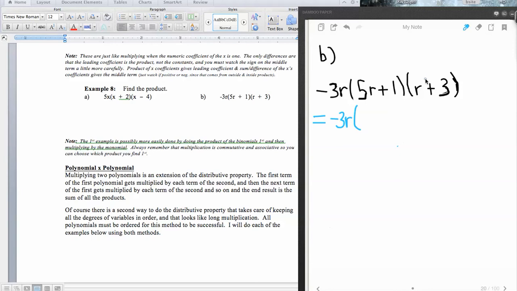So I know that my first terms will multiply, giving me a 5r squared here, and then I know my outsides are going to multiply, which will give me 15r's, and my insides will multiply, which will give me one more r.